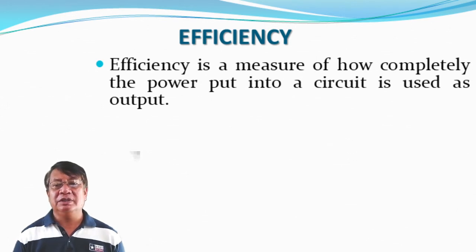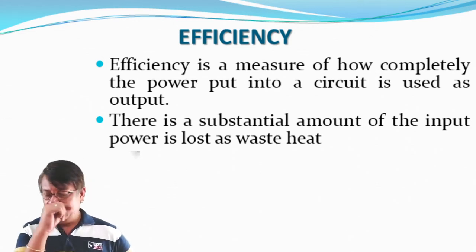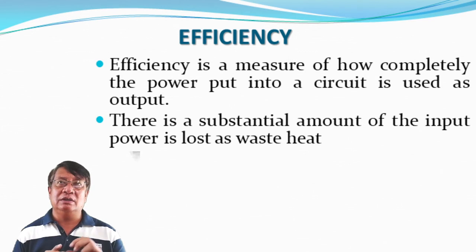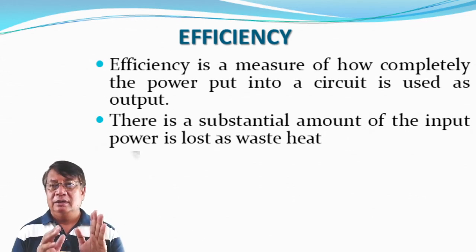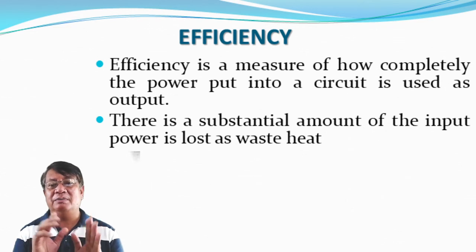So to go deeper with our discussion, there is a substantial amount of input power that is lost as waste heat. While we discuss power, it is sometimes in the form of heat. Because of this heat, there is what we call lost energy. So for whatever the input power, then we have the output, there might be some losses within the process.